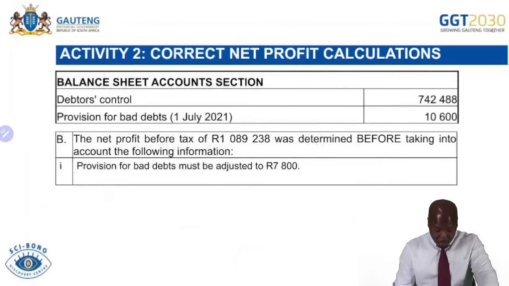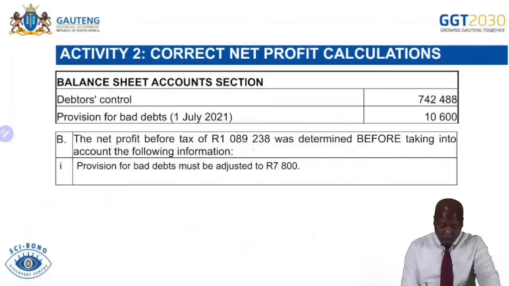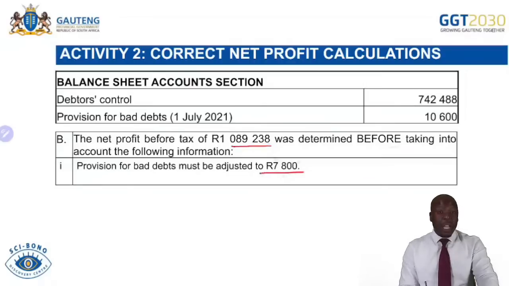It reads, the net profit before tax of 1,089,000 was taken before this was taken into consideration. Provision for bad debts must be adjusted to 7,800. Remember, we spoke about this earlier on, and we agreed that you have provision for bad debts, which is 2. The 2 goes to the balance sheet.